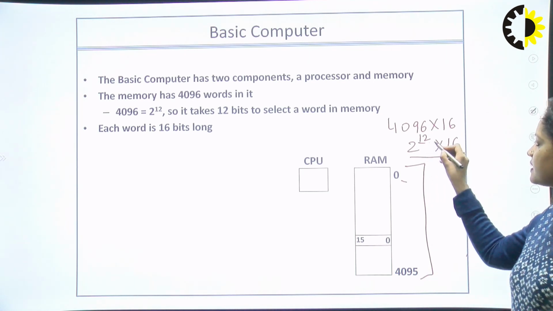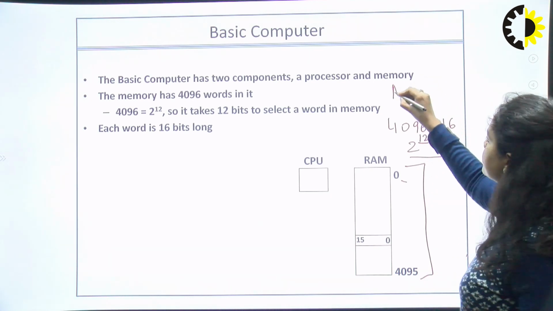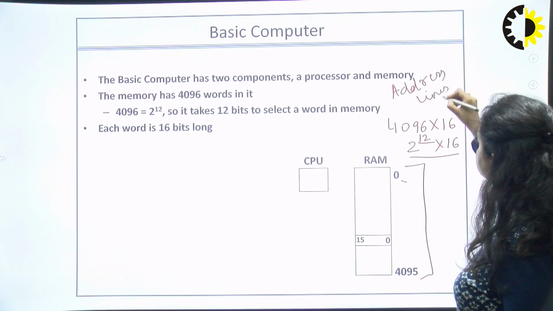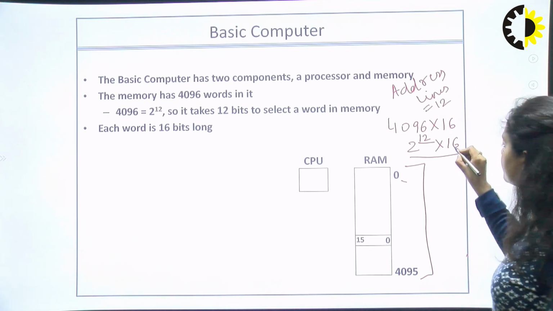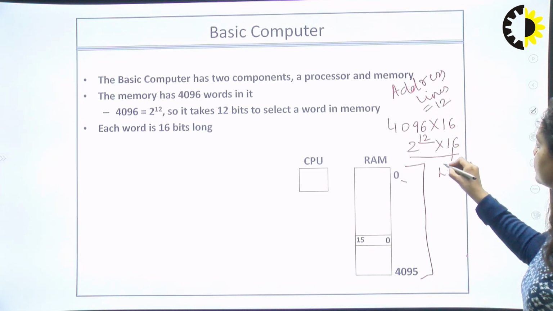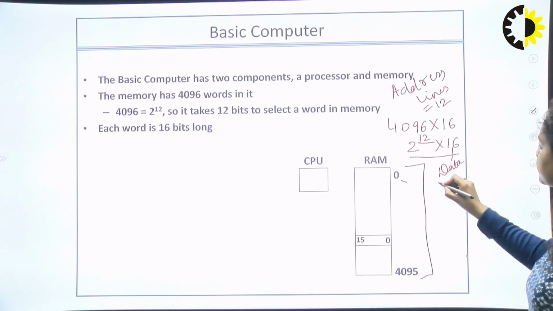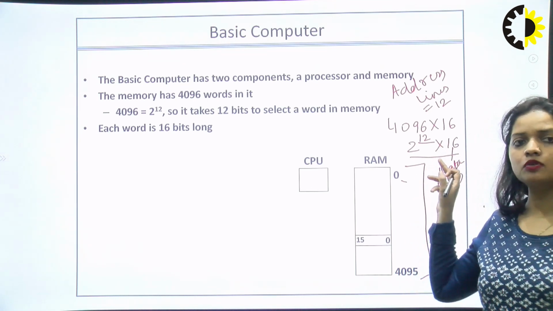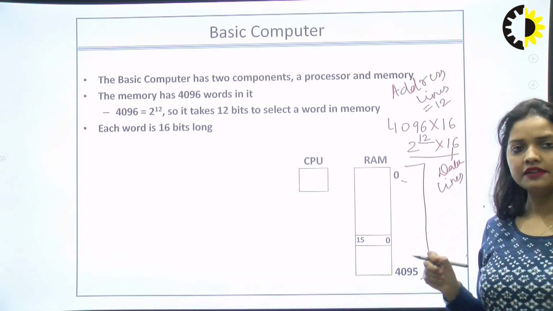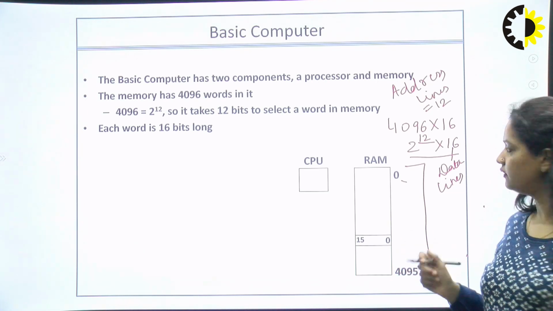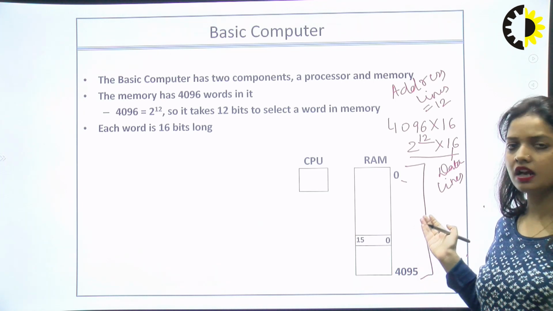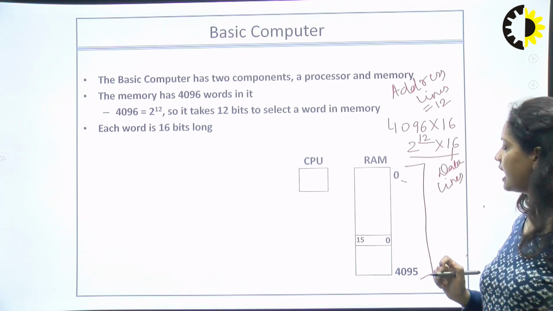This 12 is actually the address lines, and this 16 is your data lines, the size of our data bus. That's why we consider our address register to be 12 bits and the data register to be 16 bits, according to this configuration of the RAM memory, which we are taking as 4096.